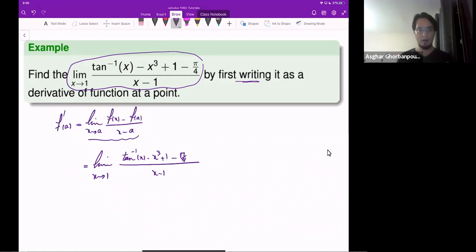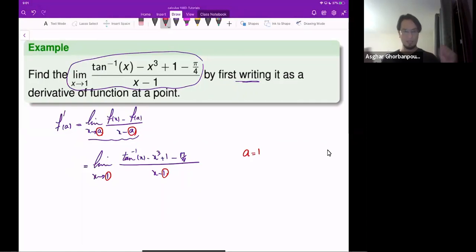I want to choose what is a, what is f. A is obvious what to choose. X approaches a is what we need to choose. And by the way, we will have x minus a in the denominator. Here you see, this is what we have. So a is 1. What about f?